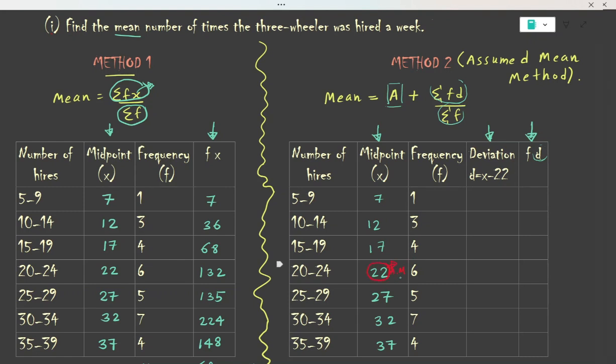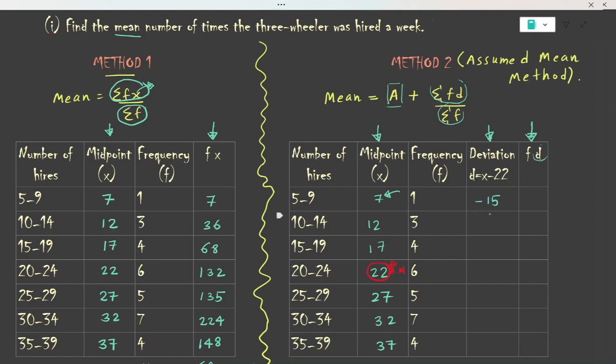Now I have selected 22 as the assumed mean, so I would calculate the deviation. Deviation is the difference between the midpoint we are considering and the assumed mean. So the assumed mean is 22. If we consider the first class, the deviation here is 7 minus 22, that is minus 15.